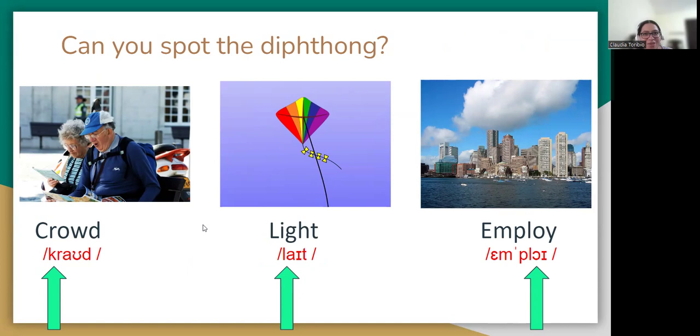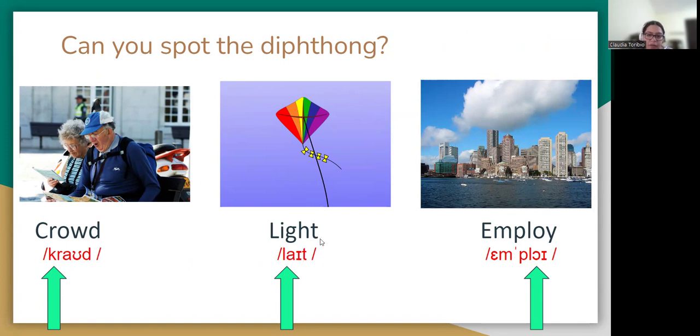Ooh, I'm showing you the answer here, but let's still do the exercise. Here, I wanted you to spot the diphthong. The first word is crowd. Crowd. It is a monosyllabic word, meaning that the diphthong is in the only syllable we have here, crowd.